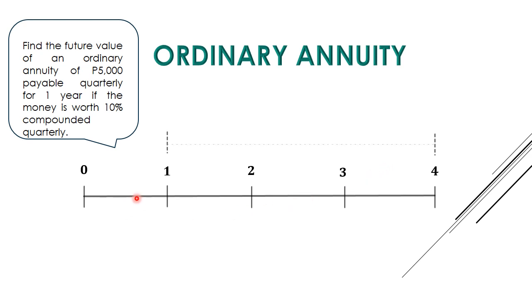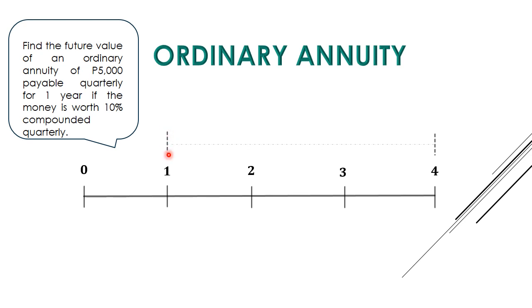Now, since it's an ordinary annuity, it means that the payment is made at the end of every quarter. So since this is the first quarter, payment will be made at the end of the first quarter, which is here.